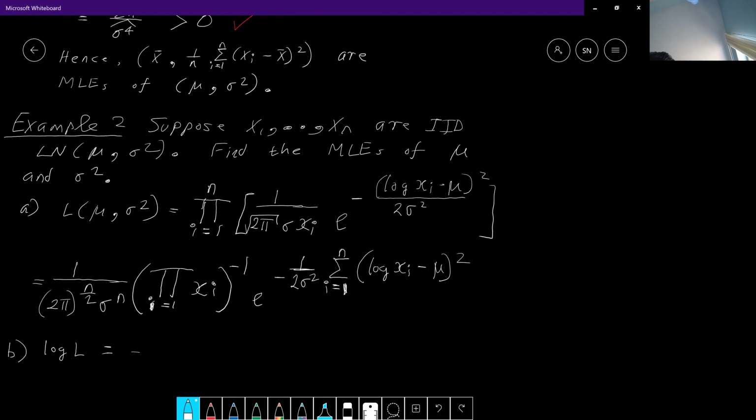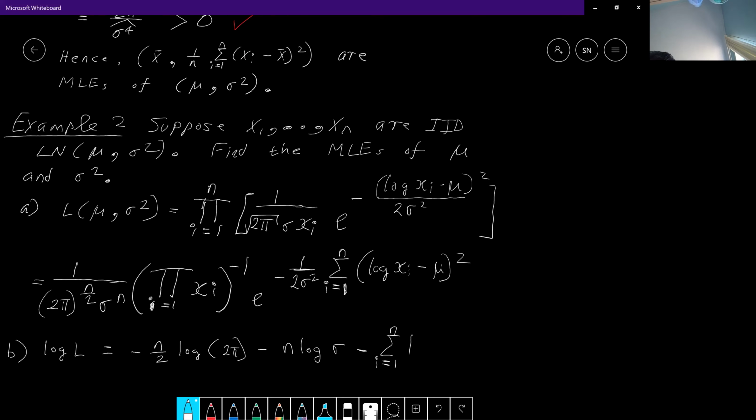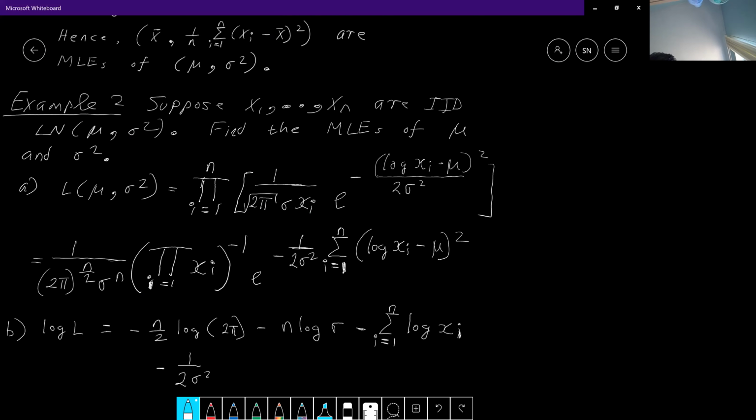So you get minus n over 2 times log of 2 pi, minus n log of sigma, minus the sum 1 to n of log of xi, and then minus 1 over 2 sigma squared. So this is the log of the likelihood, part B.